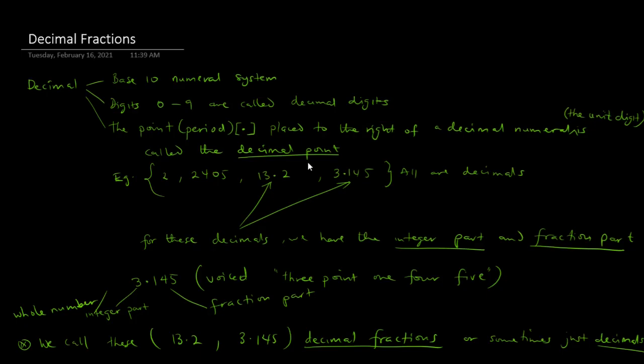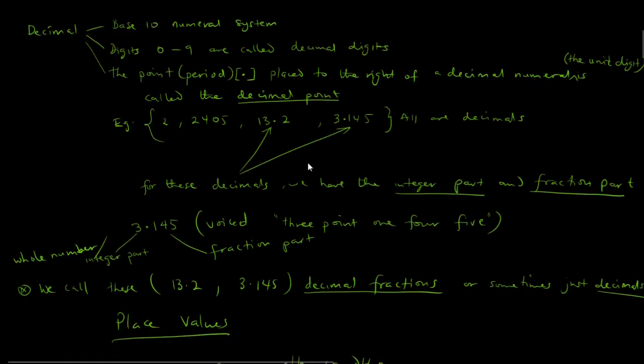But for these types of decimal numerals with the period or decimal point, the digits to the right are the fraction part, and the digits to the left are the whole number part. And so when we talk about decimal fractions, we are talking about the digits to the right of a decimal point.